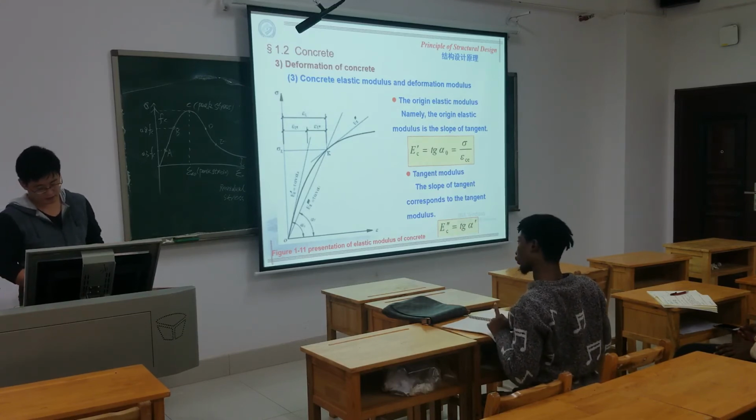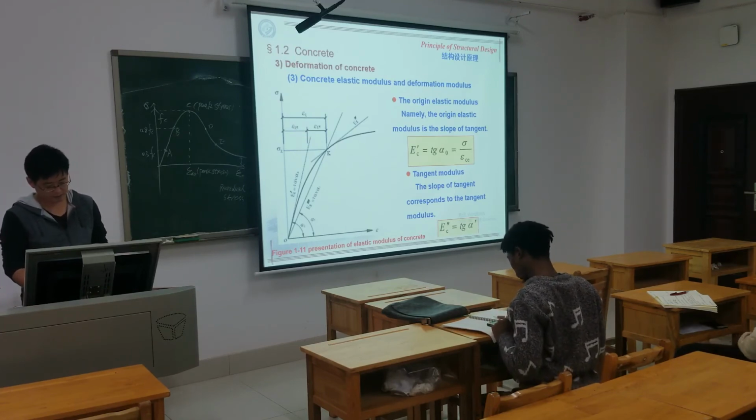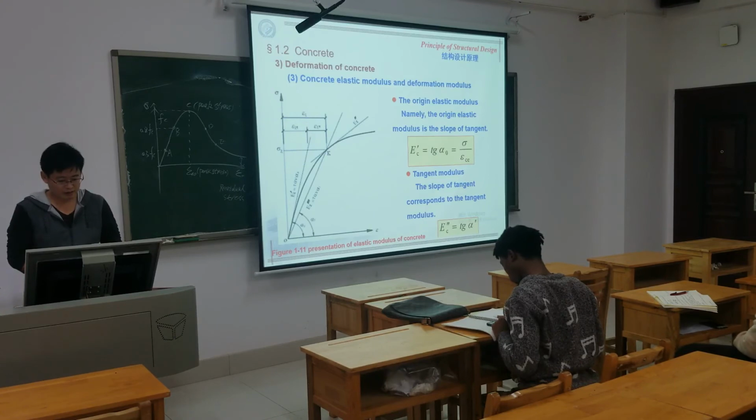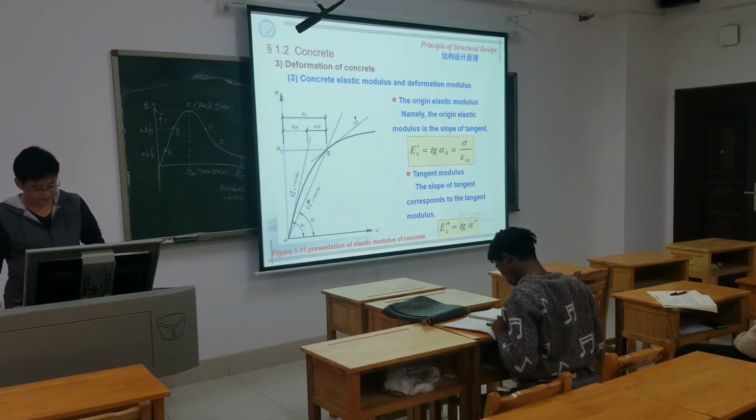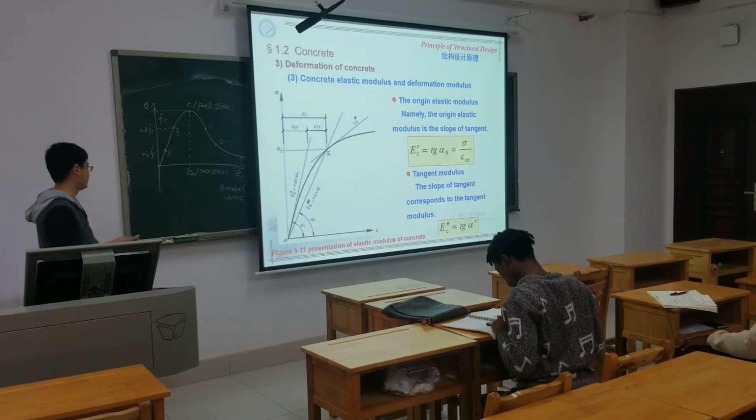So we continue to see a little bit more content. Now we see the compressive modulus and the deformation modulus, because the modulus E is very important when we design.